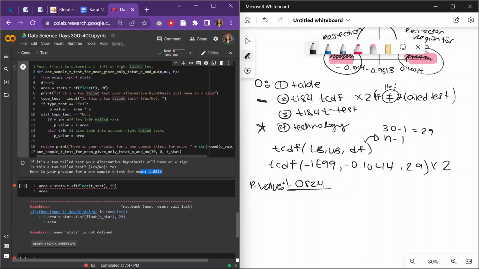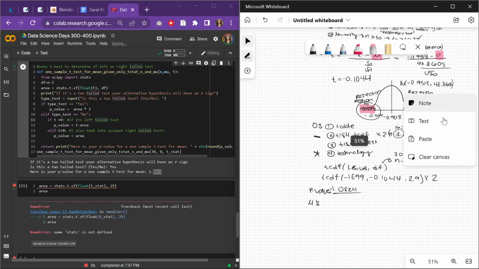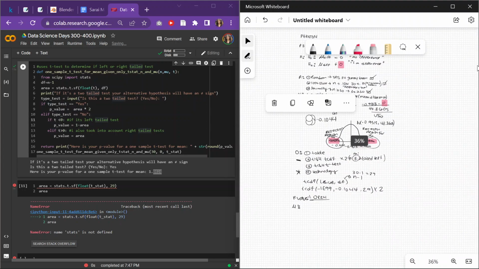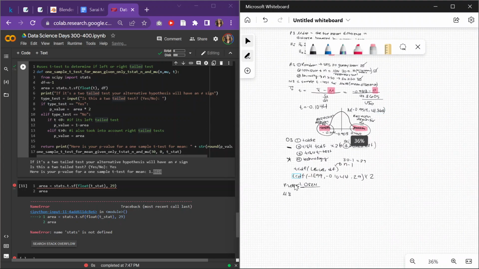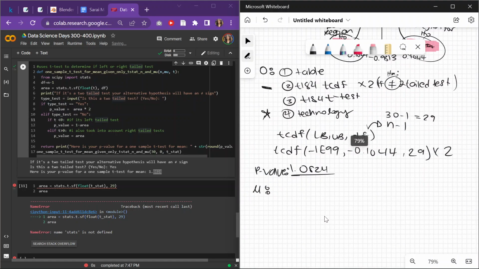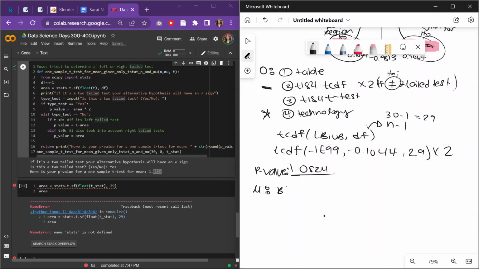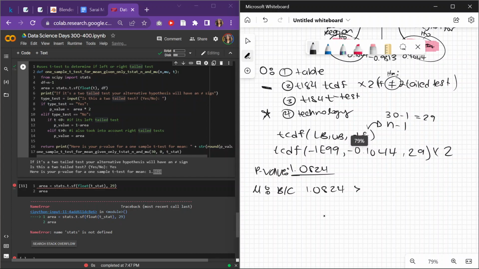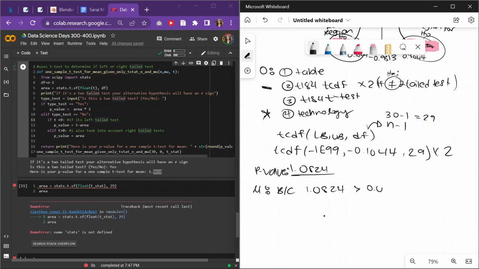Okay, and so that's my p-value. So what do I do with this p-value? I make my conclusion. At this point, this is really not even neat at all. I have to rewrite this again. I'll do it later. So my main conclusion is because my p-value of 1.824 is greater than my alpha level, which is 0.05.